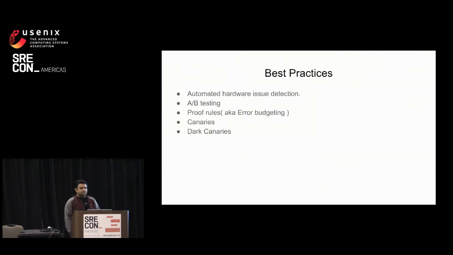This brings us to the best practices. In order to achieve availability, bugs can be introduced anywhere, in the hardware or software, so we follow some good practices to maintain high availability. One of them is automated hardware issue detection. Whenever any node goes down, we don't want to manually intervene.